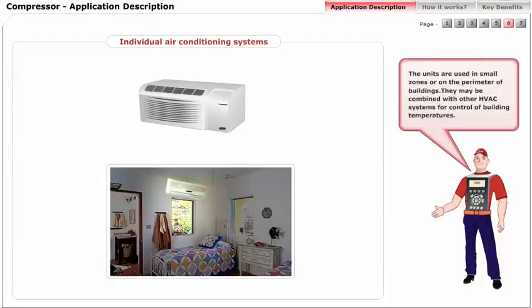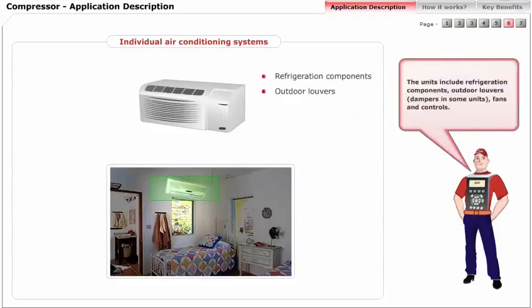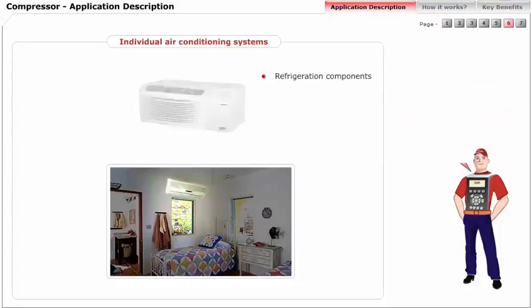The units are used in small zones or on the perimeter of buildings. They may be combined with other HVAC systems for control of building temperatures. The units include refrigeration components, outdoor louvers, dampers, in some units, fans, and controls.